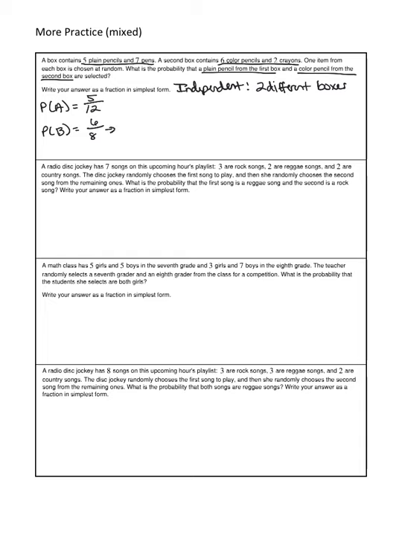I'm going to reduce that because it makes my simplifying easier later. 3 over 4. 5 over 12 times 3 over 4 equals 15 over 48. I can reduce that by 3. 5 over 16. There's a 5 out of 16 chance that the teacher will pull first a plain pencil from the first box and then a colored pencil from the second box.